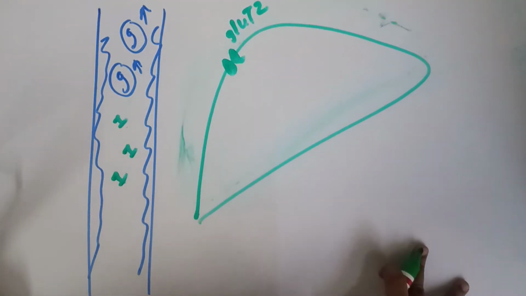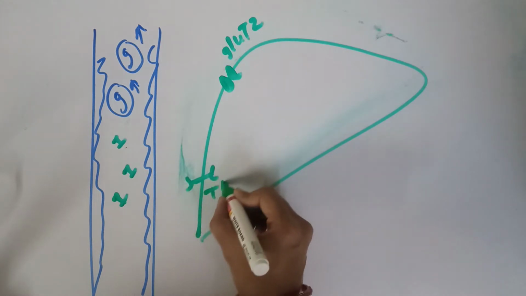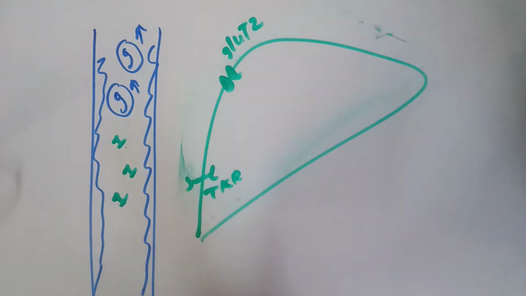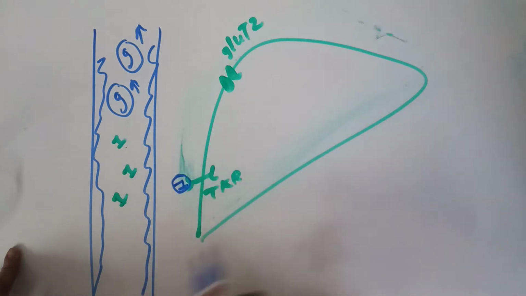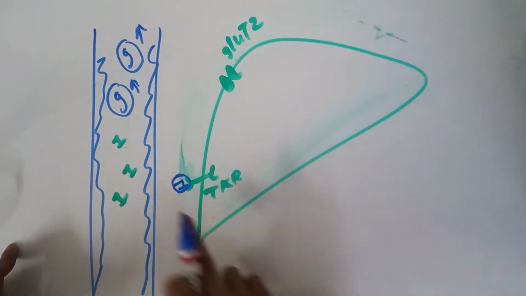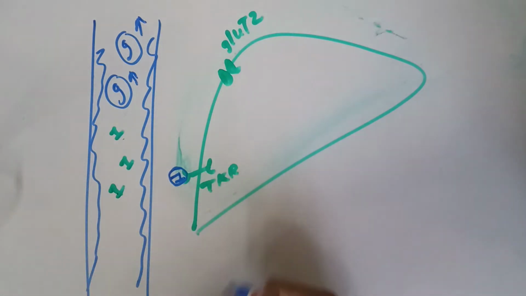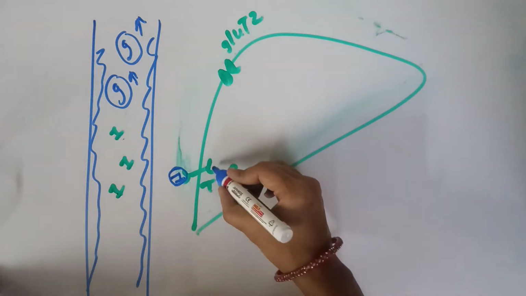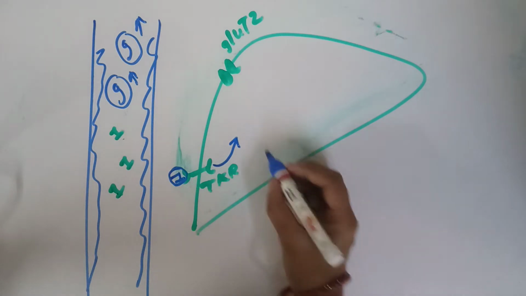Liver has a GLUT2 transporter and a tyrosine kinase receptor. So when there is high insulin concentration, it comes and interacts with your tyrosine kinase receptor. Because of this joining, the tyrosine receptor becomes autophosphorylated and it activates an important mediator, a secondary messenger we can say.